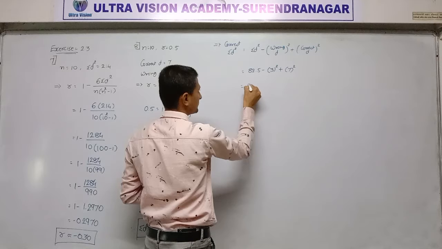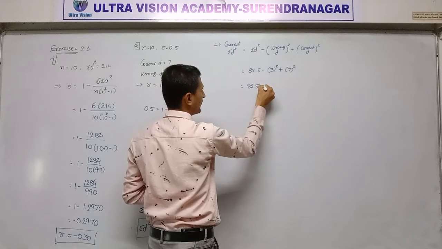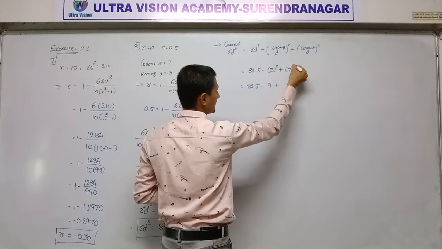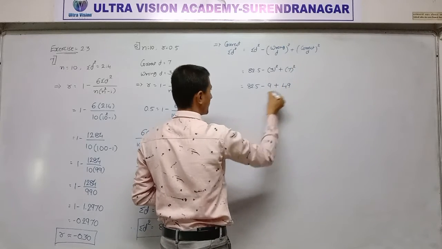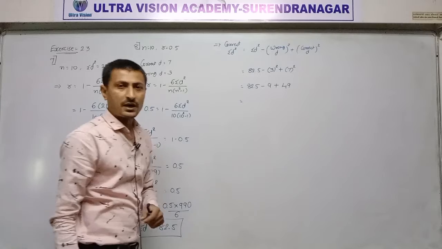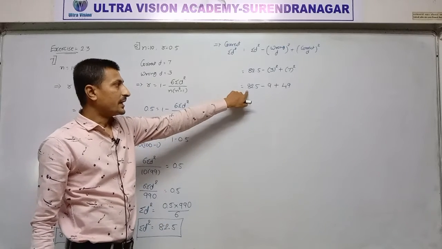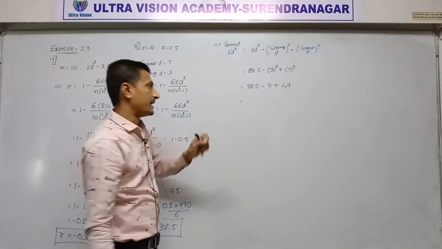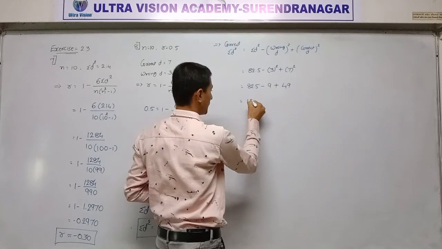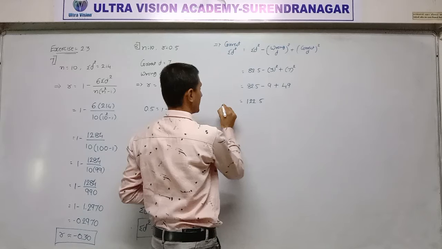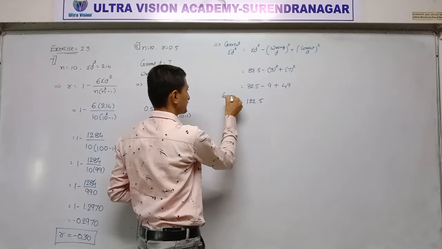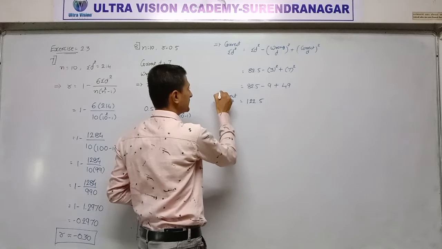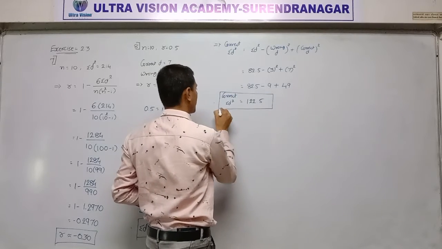Next step, 82.5 minus 3 square, which is 9, plus 7 square, which is 49. So find the correct sigma d square: 82.5 minus 9 plus 49. The answer is 122.5. Check it. Correct sigma d square is 122.5.